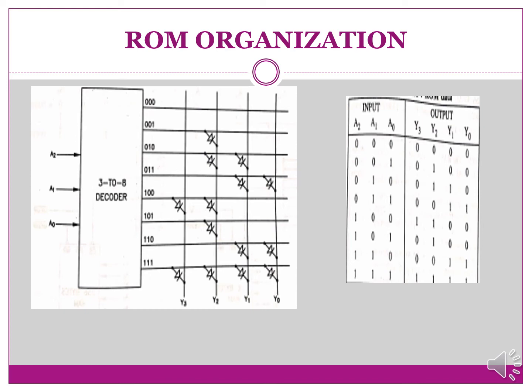So for the first row, see that 0, 0, 0 in the output of the 3 to 8-bit decoder, there is no diode connected in this row. So all outputs are 0. If we see 0, 0, 1, on output pin Y2 only one diode is connected.